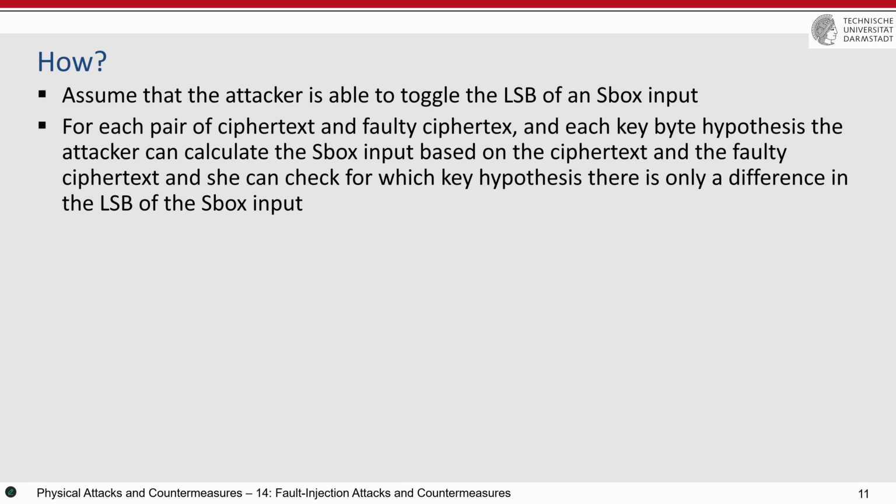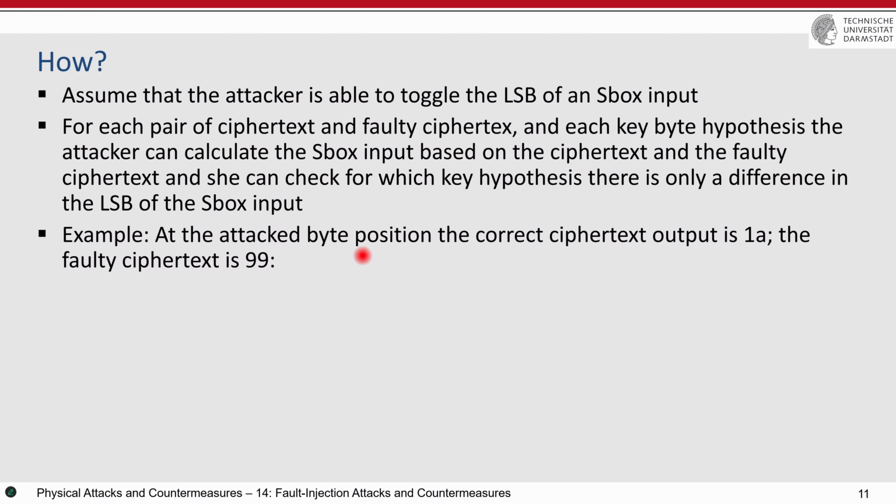Now for each pair of ciphertext and faulty ciphertext and each key byte hypothesis, the attacker can calculate the SBox input based on the ciphertext and also the faulty ciphertext, and check whether the difference between these two is only one bit, the LSB, or not. How?